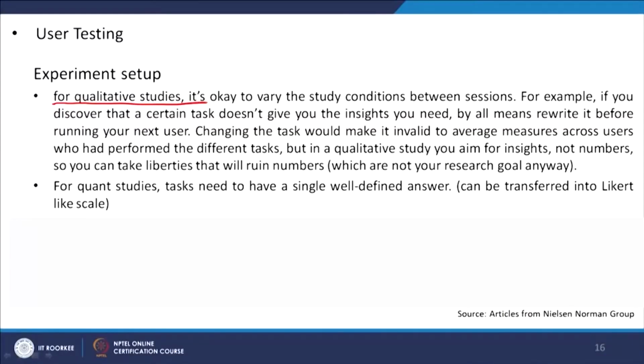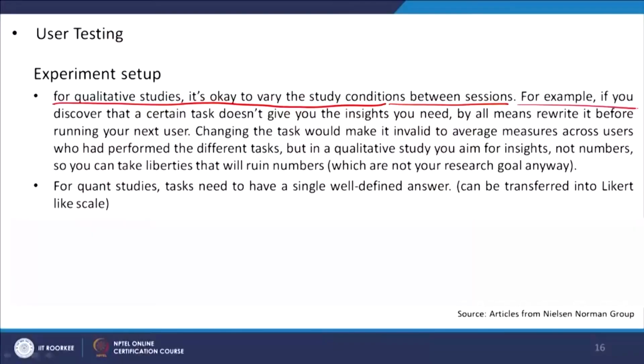The next thing is, for qualitative studies, it is okay to vary the study conditions between sessions to understand more different opinions and scenarios, and to get a wider range of views of the particular product. For example, if you discover a certain task does not give you the insight you need, then you change the task and change the scenario. By all means, rewrite it before running your test users.